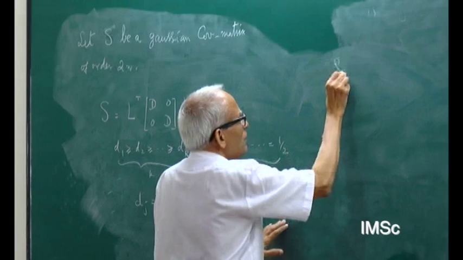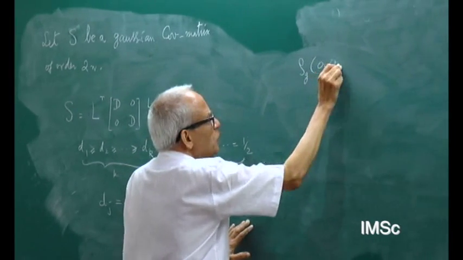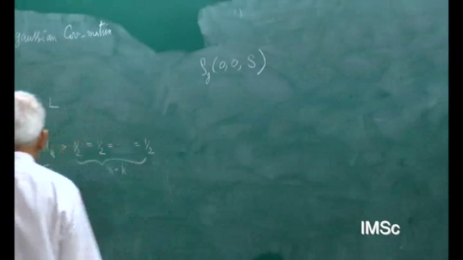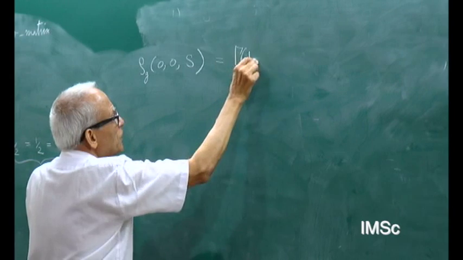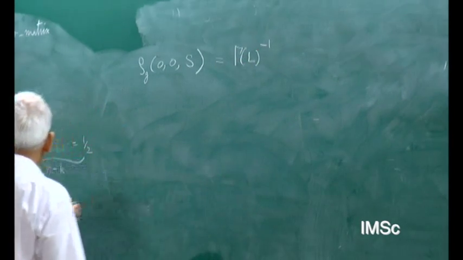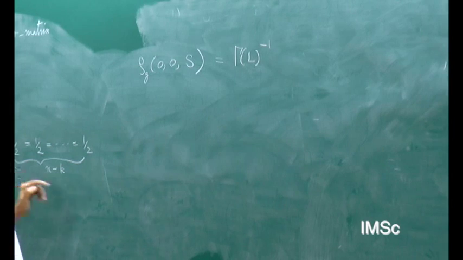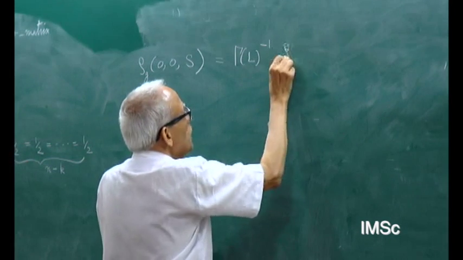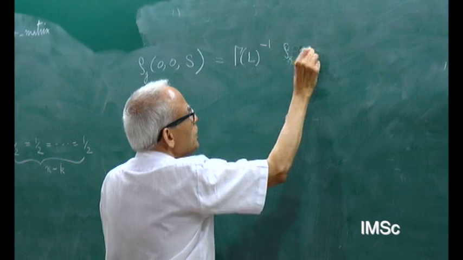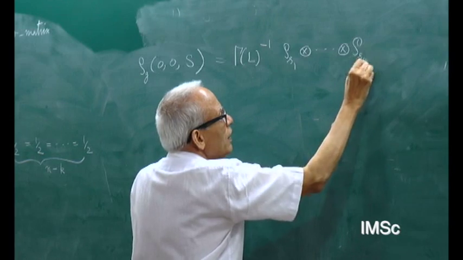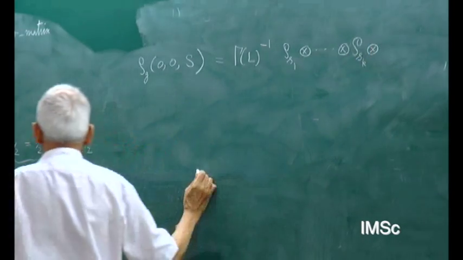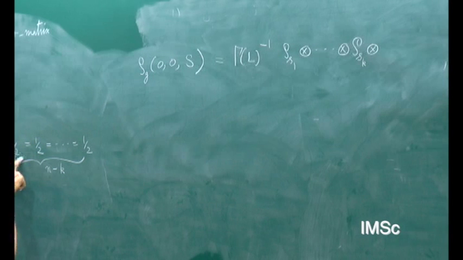From this it is clear this is equal to gamma L inverse. Then you have rho S1 tensor product ... rho Sk tensor product, and the rest are half.